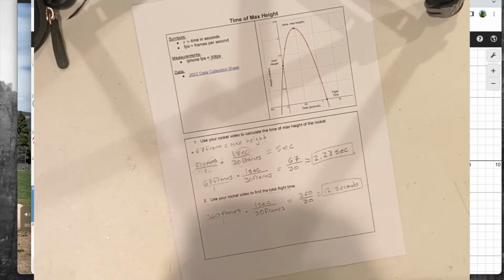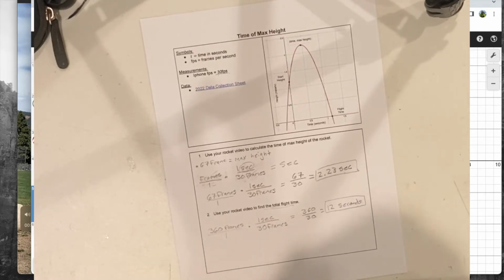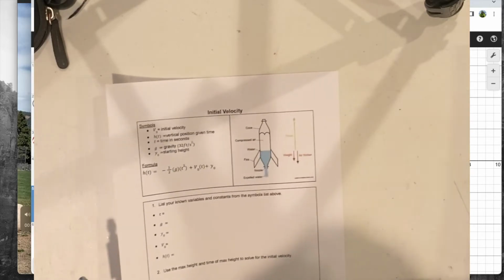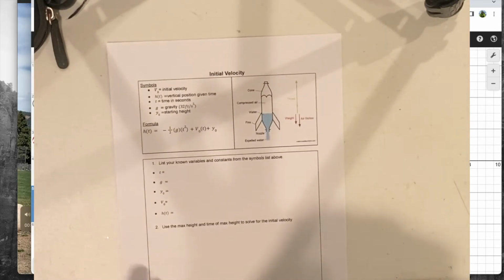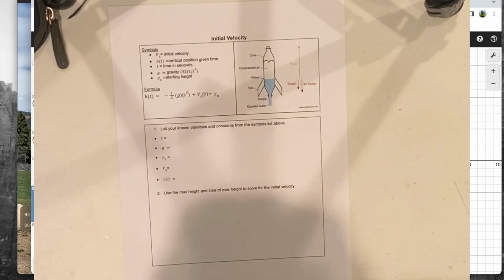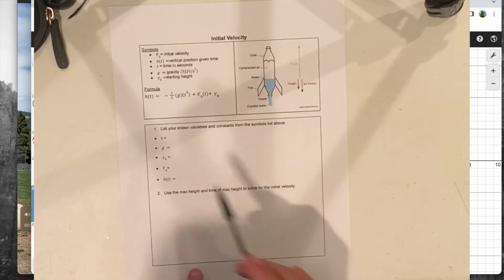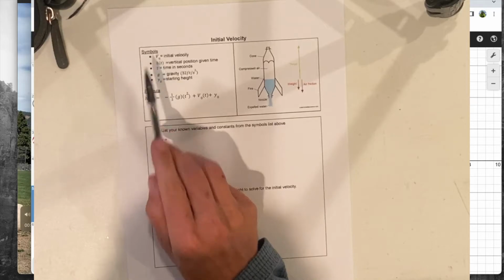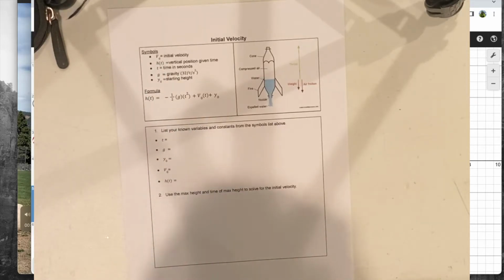So at this time, we are done with the time of max height, which means we are ready to calculate the initial velocity. All right, so the symbols that we're going to be using: for the initial velocity, this is v sub 0, the v naught.